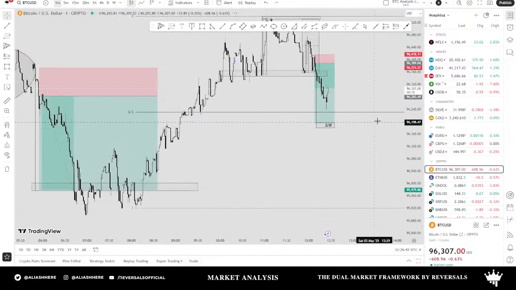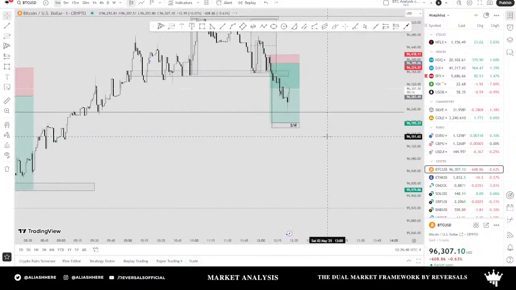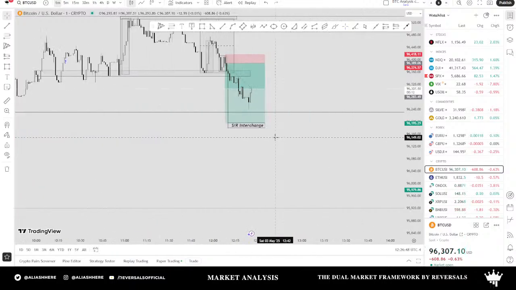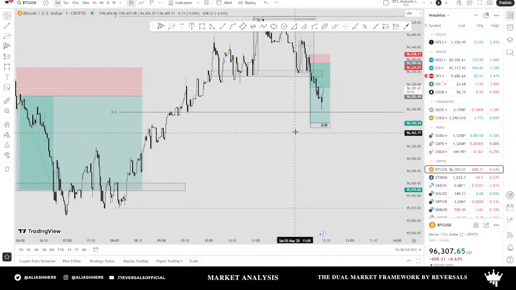And here you go. Right at the central zone, we are seeing the reversal. And this is why I want to make the central zone for every single market action. Central zones are very important, and I use this quite often.